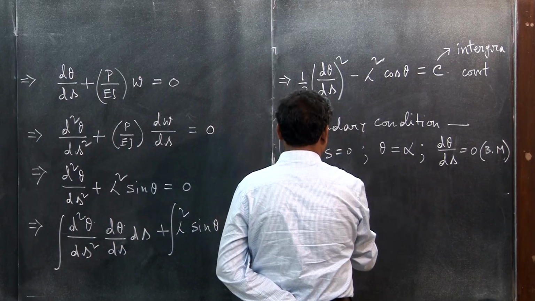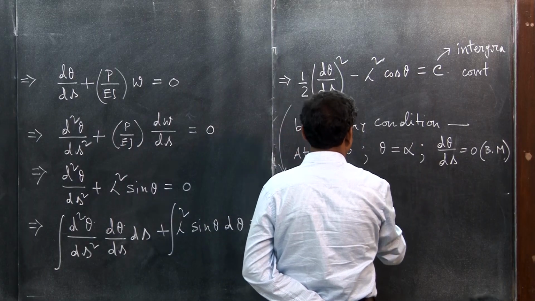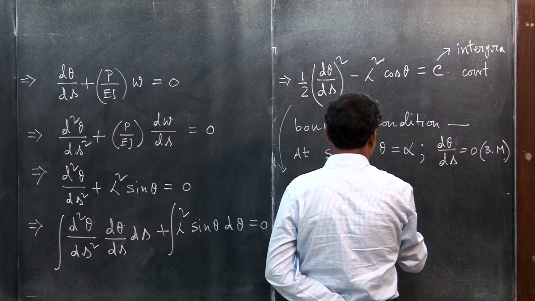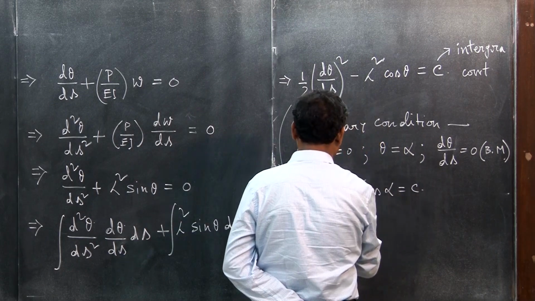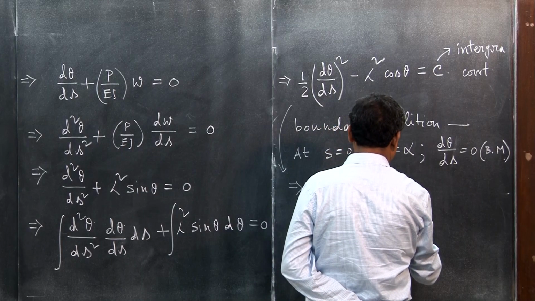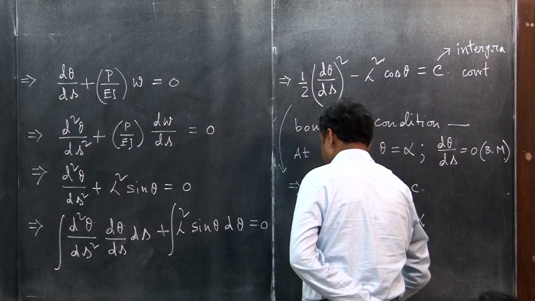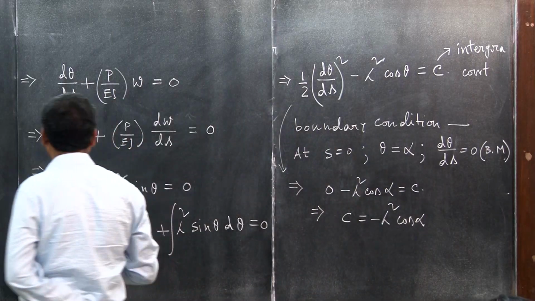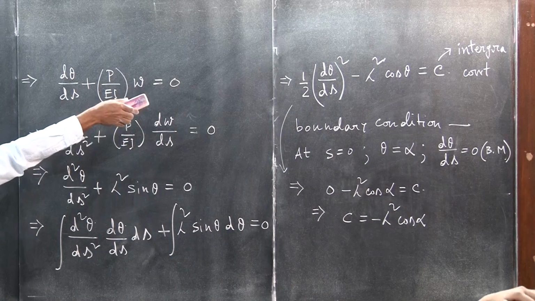If you enforce this condition, then let's write: d theta ds is equal to 0, minus lambda square cos alpha is equal to c, so c is nothing but minus lambda square cosine of alpha, okay, fine. Now I am just removing this equation, please concentrate.